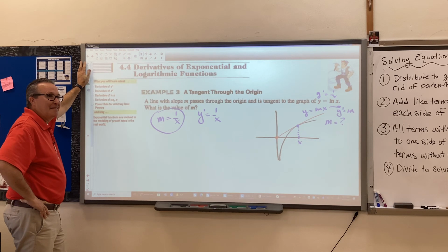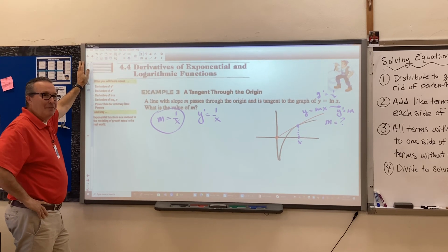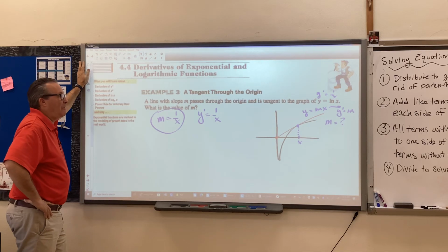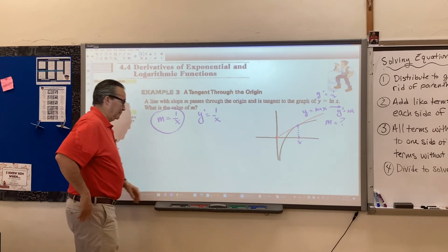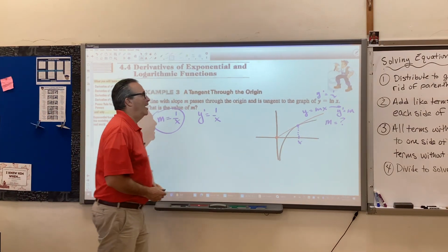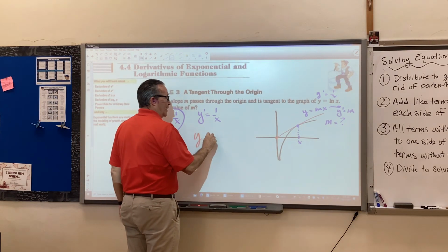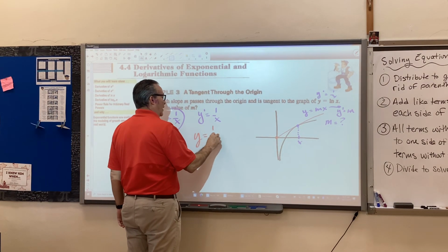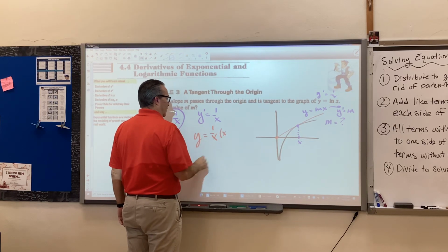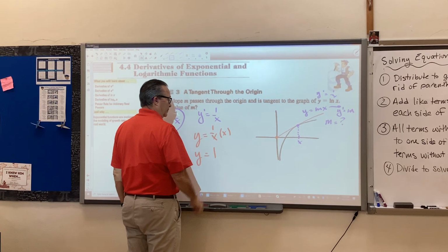Stephanie? That could be right. Is that what the book says? Since y equals m times x, which is 1 over x times x, y is 1.